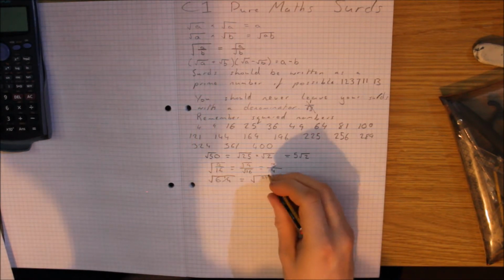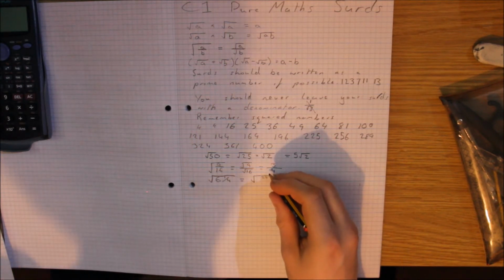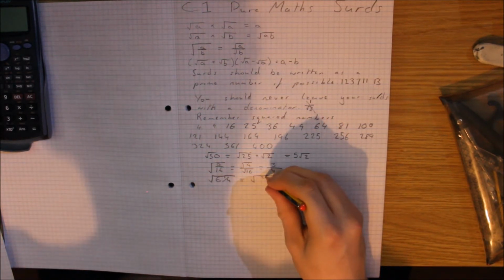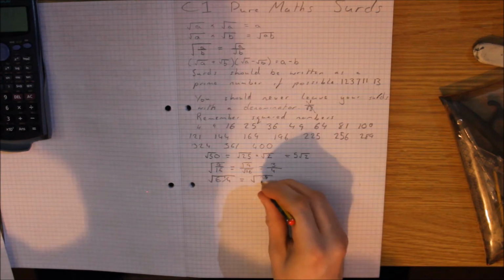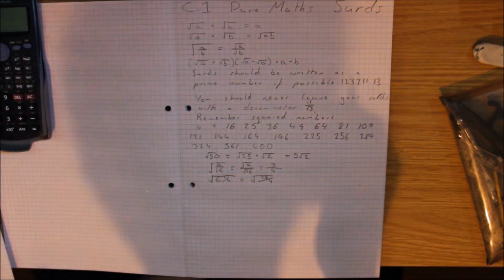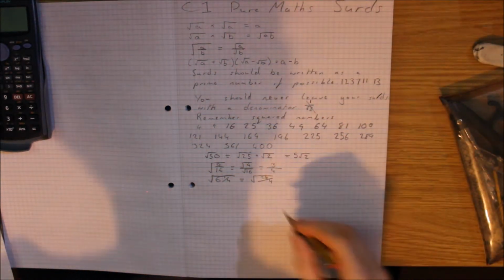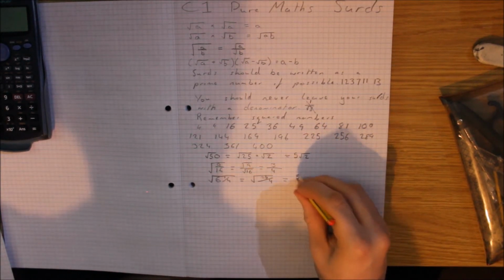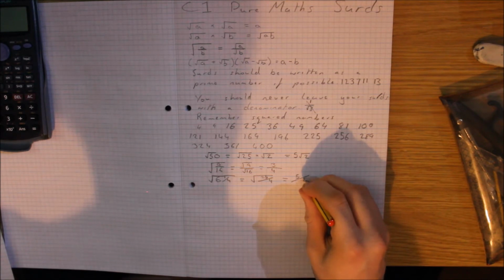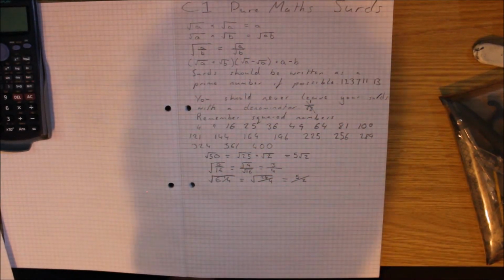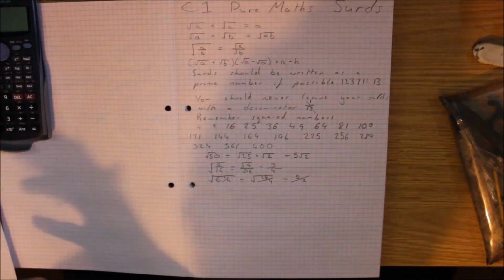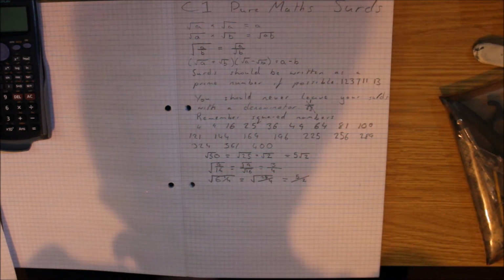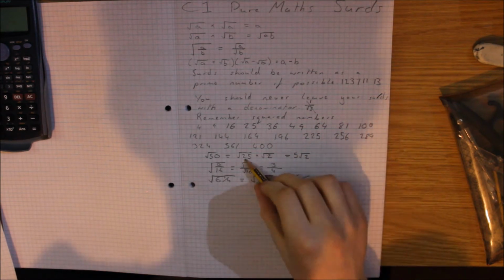No, it's 25, sorry. 25 over 4. Take that down, that'll be 5 over 2. So we're basically just messing around with fractions on that one, looking for roots like we did with this.